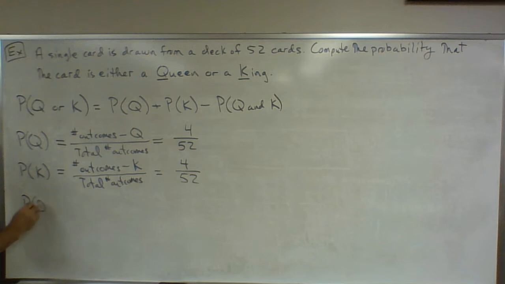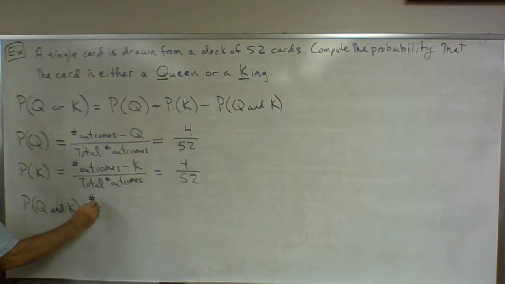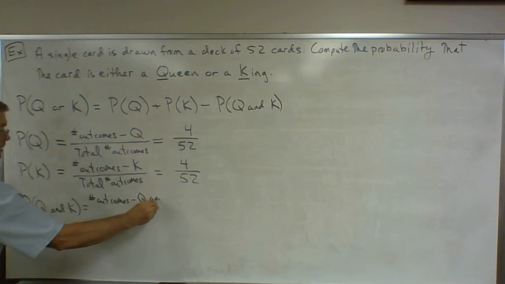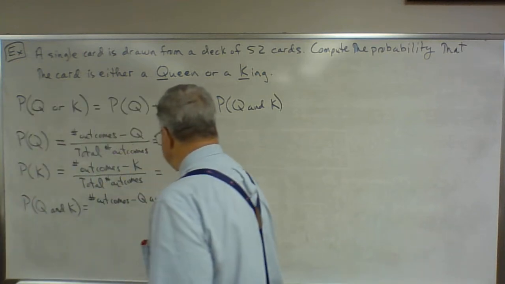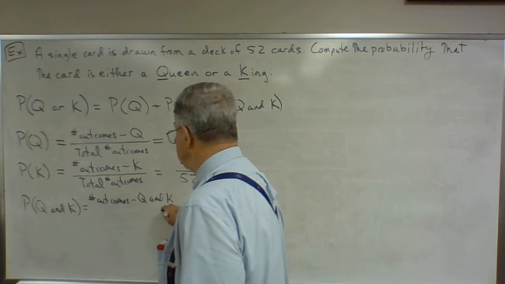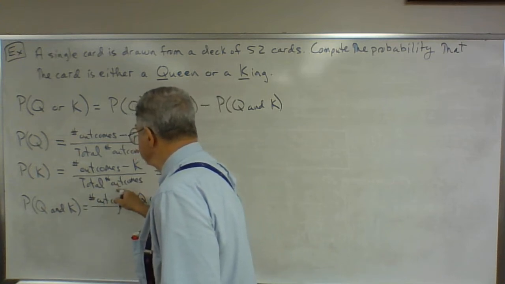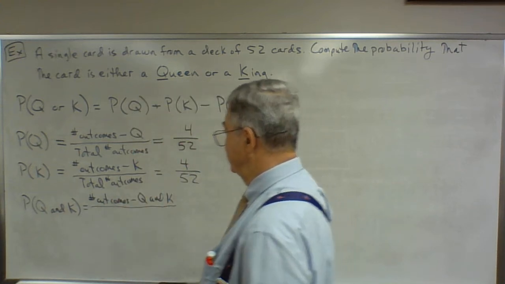And here's where the new wrinkle comes in. Probability of a queen and a king. So that's the number of outcomes resulting in queen and king over the total number of outcomes, period.